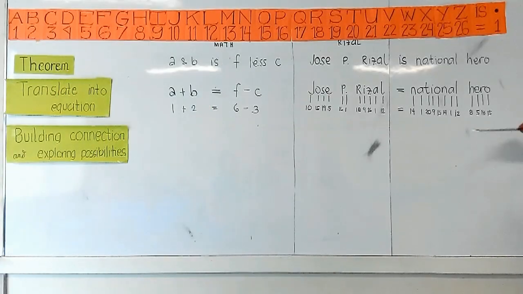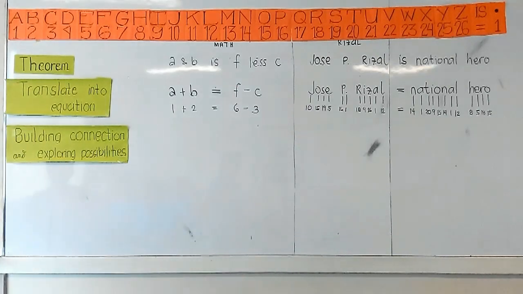For the words national hero, we have N 14, A 1, T 20, I 9, O 15, N 14, A 1, L 12, H 8, E 5, R 18, then O is 15.